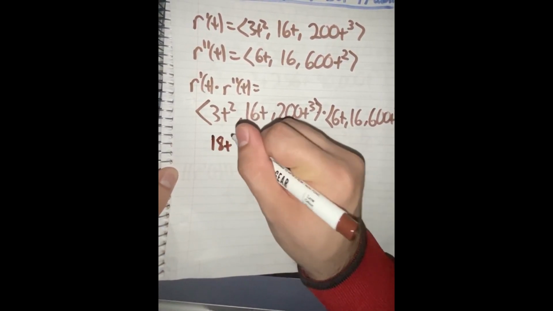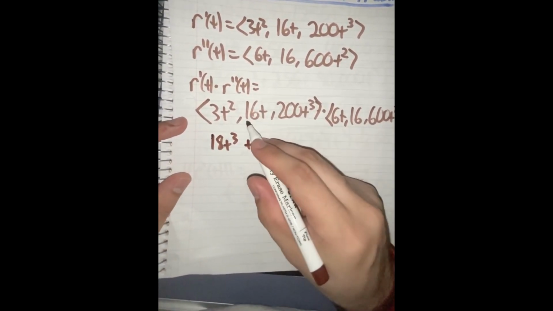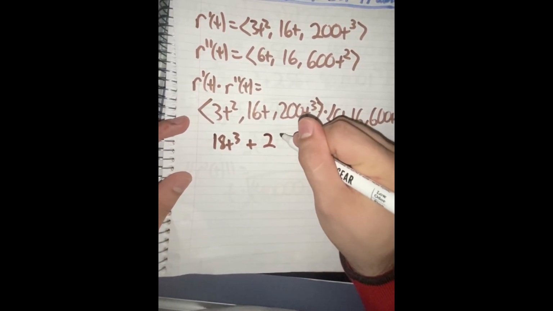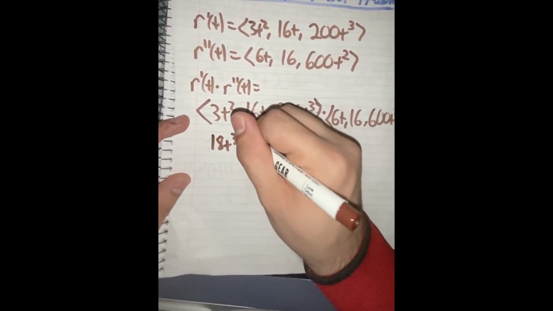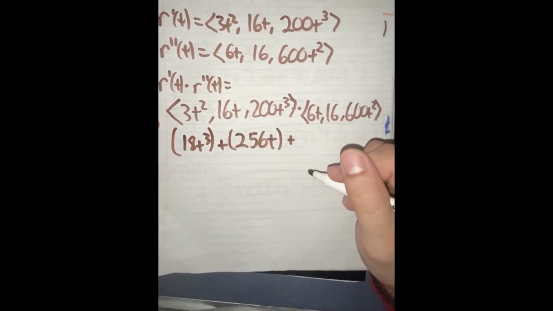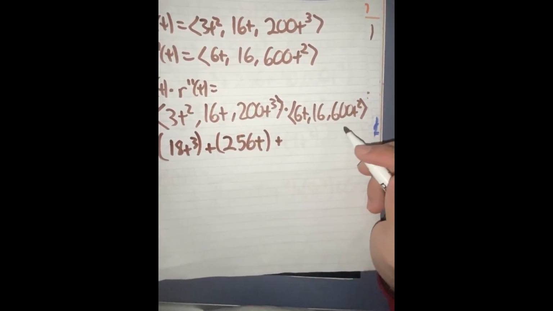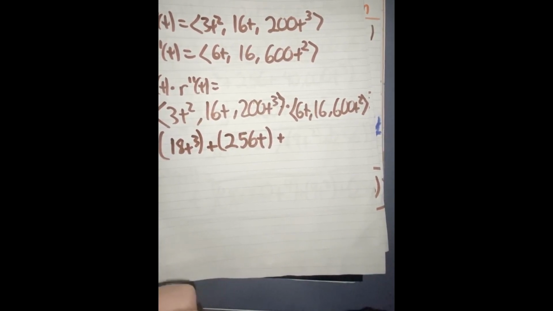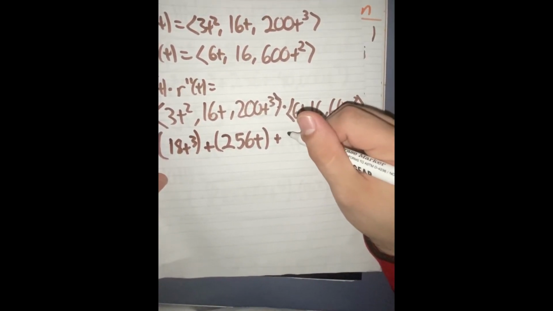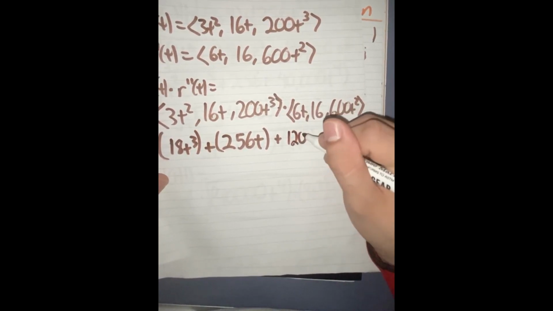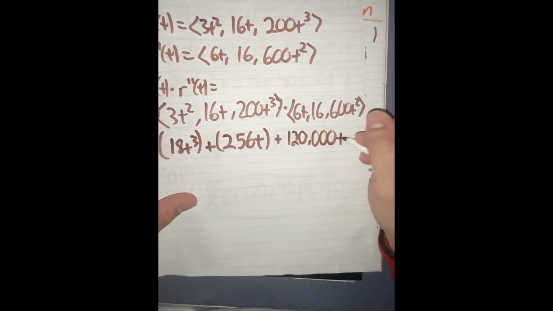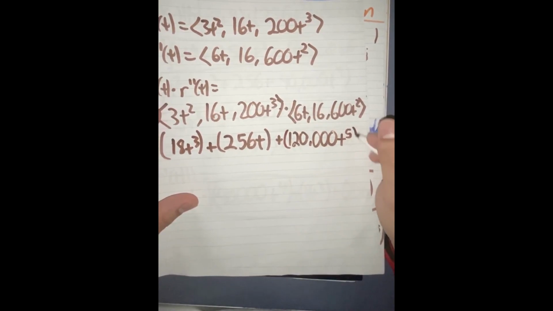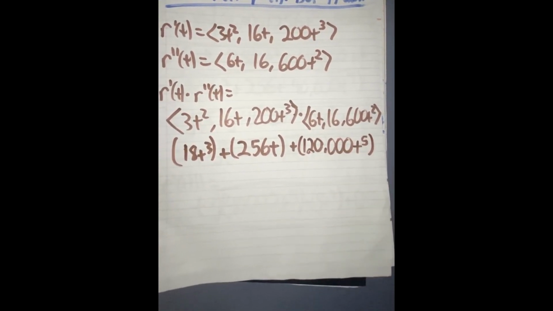So 3t squared times 6t would give us 18t cubed, plus 16t times 16 will give us 256t, plus, I'll put parentheses so you don't confuse the t's with plus signs, 200t cubed times 600t squared would give us 120,000. T cubed times t squared is t to the fifth power. And this is our dot product.